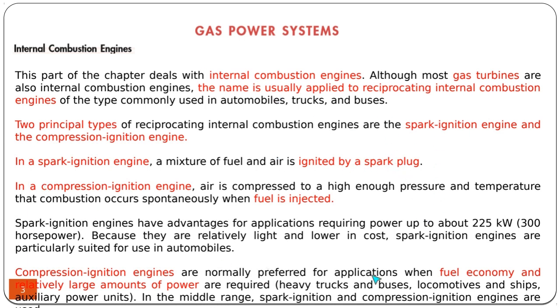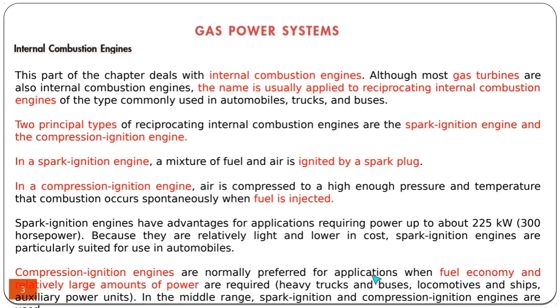There are two types of internal combustion engines which are reciprocating. Reciprocating is the motion of the piston as back and forth. That's why they are called reciprocating engines. One of them is spark ignition engine or Otto engine. The other is compression ignition engine or diesel engine.